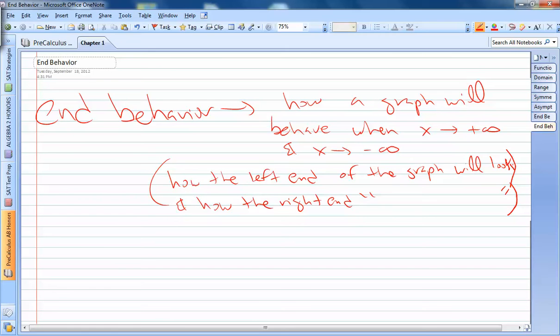Okay. So, for example, say you were to have a graph that looks like this. There's a horizontal asymptote, a vertical asymptote right there.